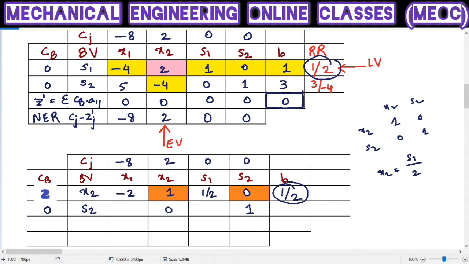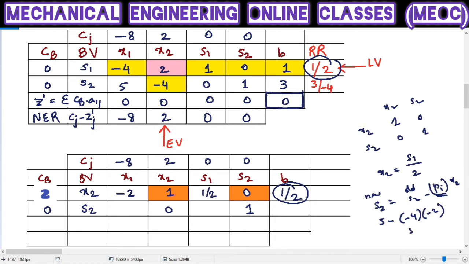Now let us write S2. New S2 is equal to old S2 minus its pivot column coefficient multiplied by the entering variable row. Old S2 is 5. 5 minus its pivot column coefficient, which is minus 4, so minus of minus 4 into the corresponding x2 value, which is minus 2.